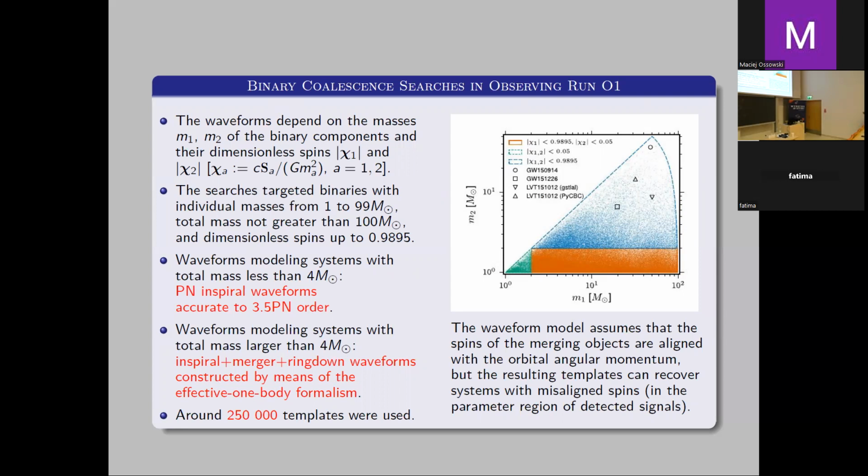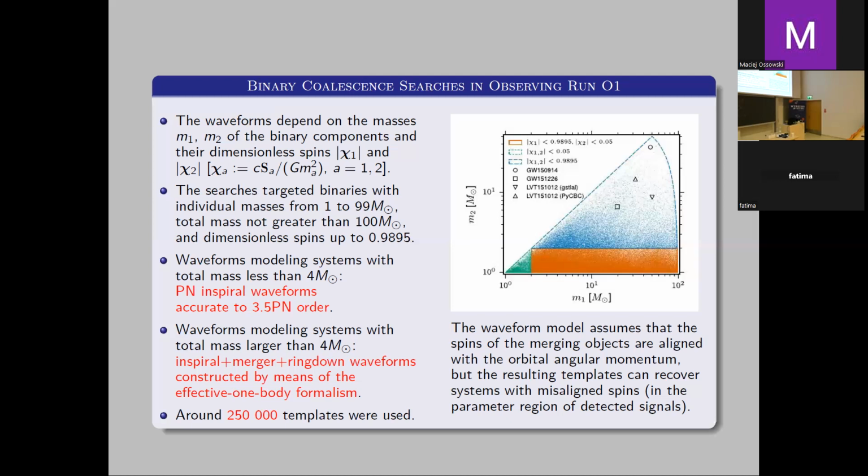Namely, they depend on two masses of the binary components and two dimensionless spins, chi 1 and chi 2. But you see that we take only the modulus of these vectorial quantities.